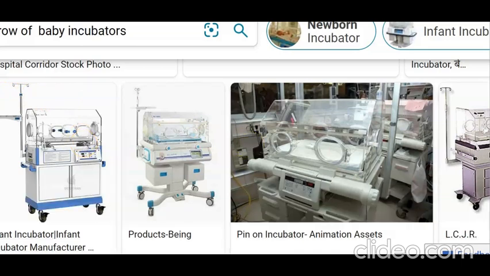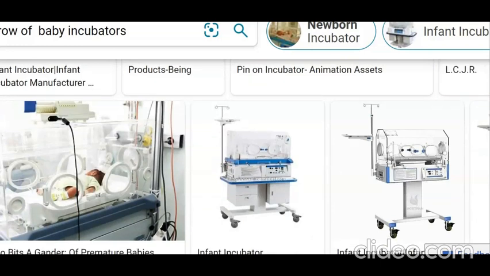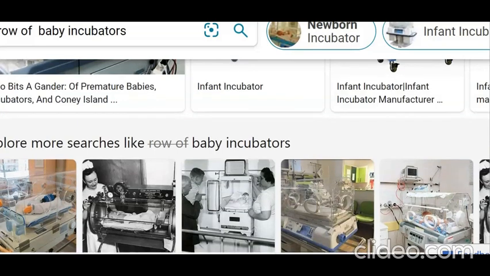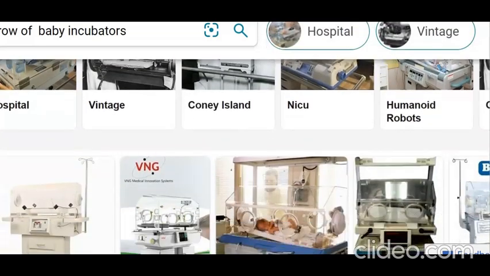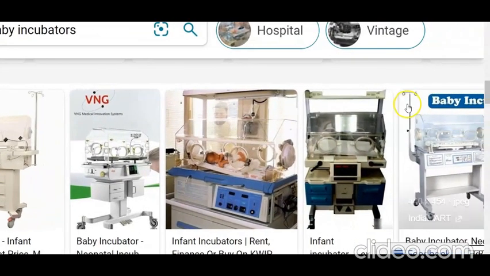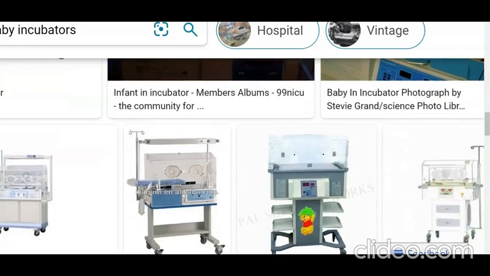Imagine a place with big rows of these incubators pumping out little T babies. T Babies Incorporated. Out of the incubators.